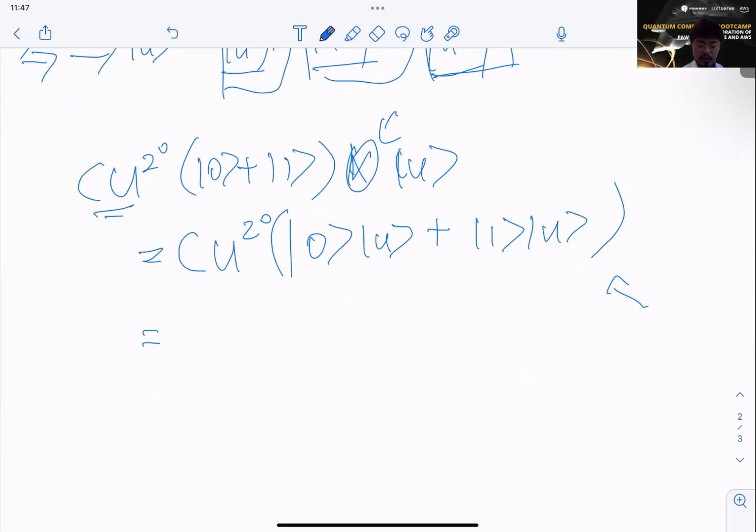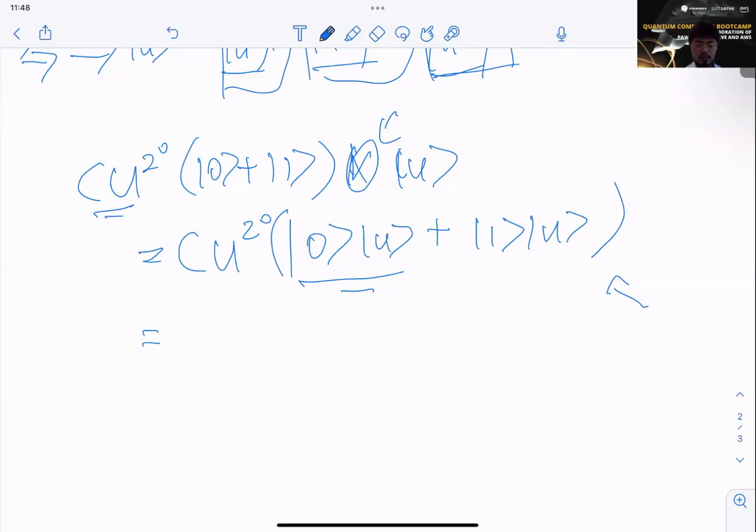Okay. So when the control U acts upon this, what do I get? Just remember we went through what the control operator does.